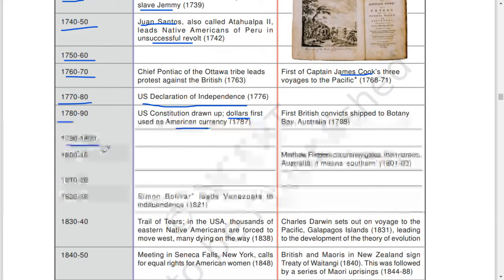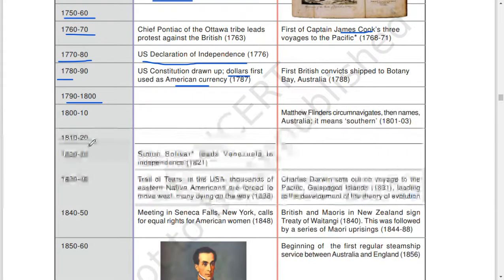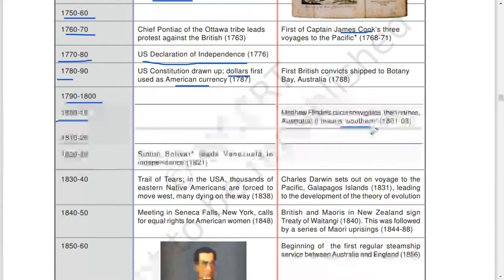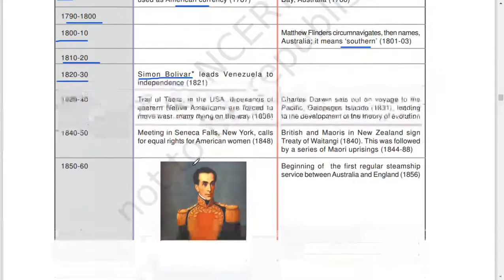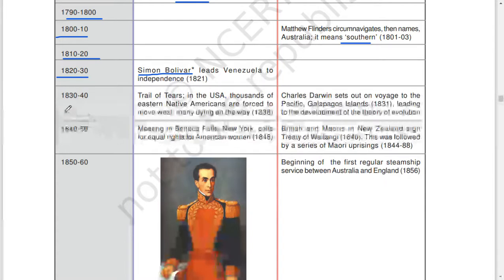1790 to 1800. 1800 to 1810, Matthew Flinders circumnavigates and names Australia. It means southern. 1801 to 1803. 1810 to 1820, 1820 to 1830, Simon Bolivar leads Venezuela to independence, 1821. 1830 to 1840, Trail of Tears in the USA.